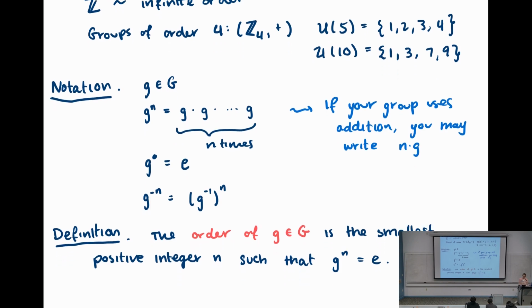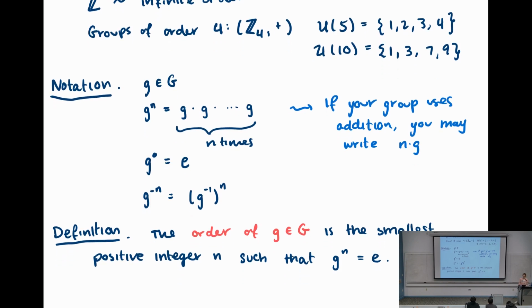And if this doesn't exist, then you would just say that that group element has infinite order. So if this number does not exist, then we say that g has infinite order.